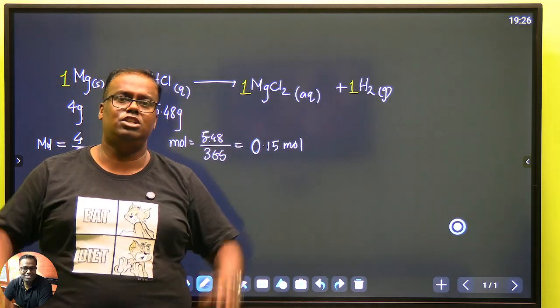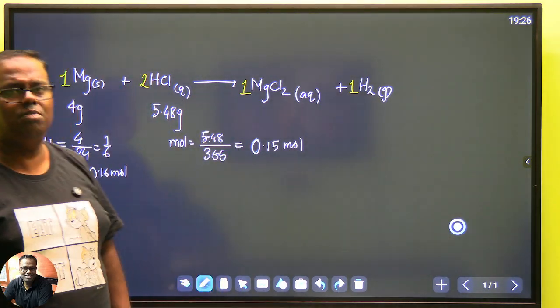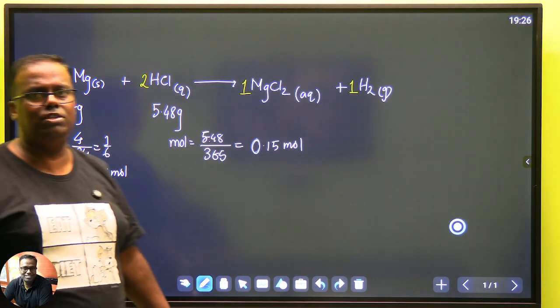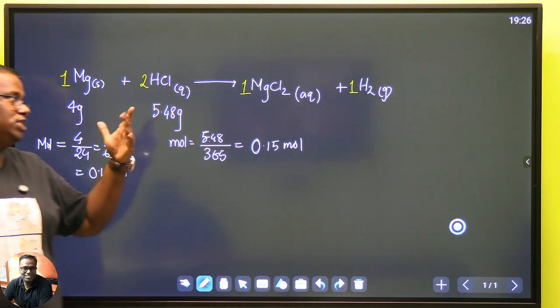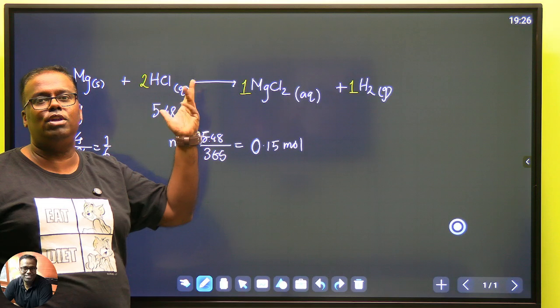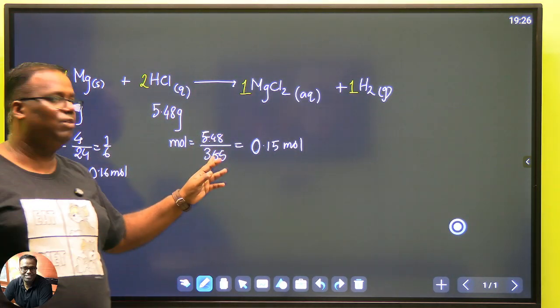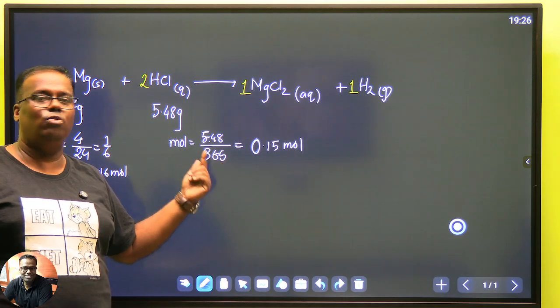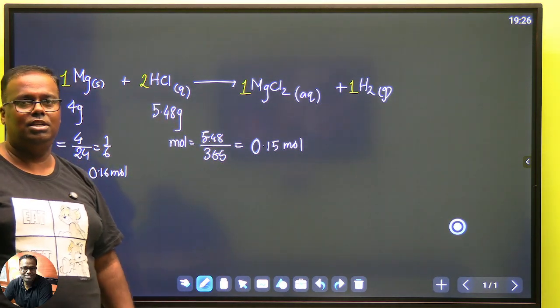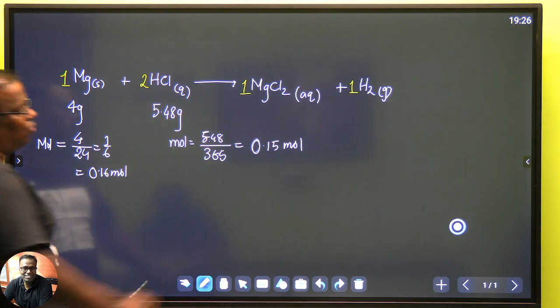It doesn't depend on the reaction. Just calculate the molecule HCl. Molar mass is always fixed. Even if the question asks for different equations, you will not have different molar mass for HCl. ऐसा नहीं होता है. Did you get it? 36.5 means 35.5 from chlorine and 1 from hydrogen. Now we have got the moles for both the reactants.